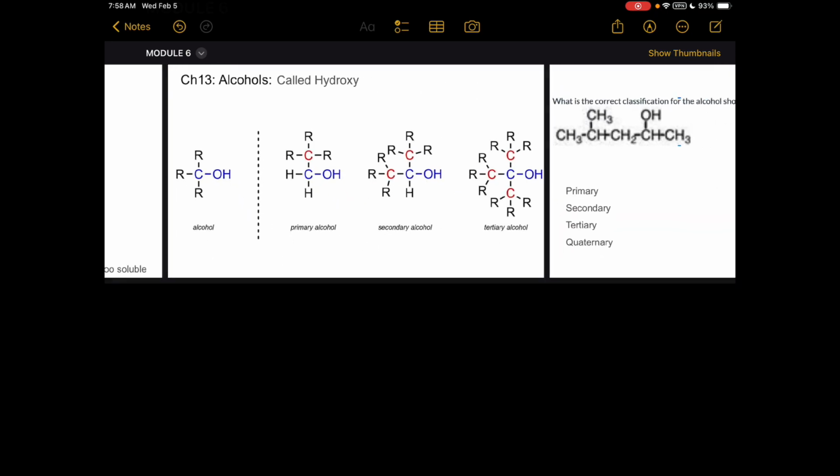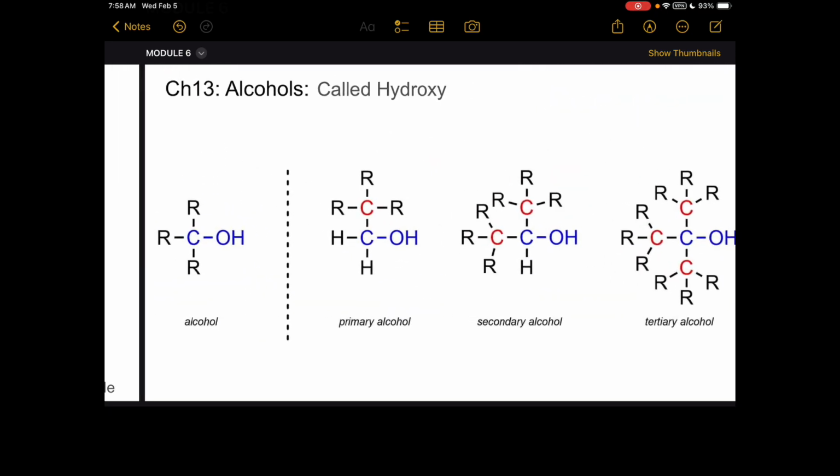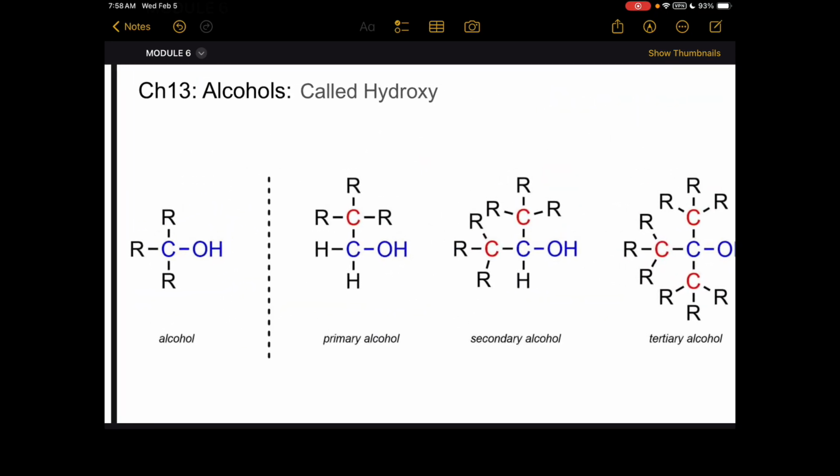Okay, so the first group is the alcohols. Another name for the alcohol group is hydroxy. When we say hydroxy, we are talking about this OH group that is present on the alcohol. That separates alcohol from all the others. It's the hydroxy group.